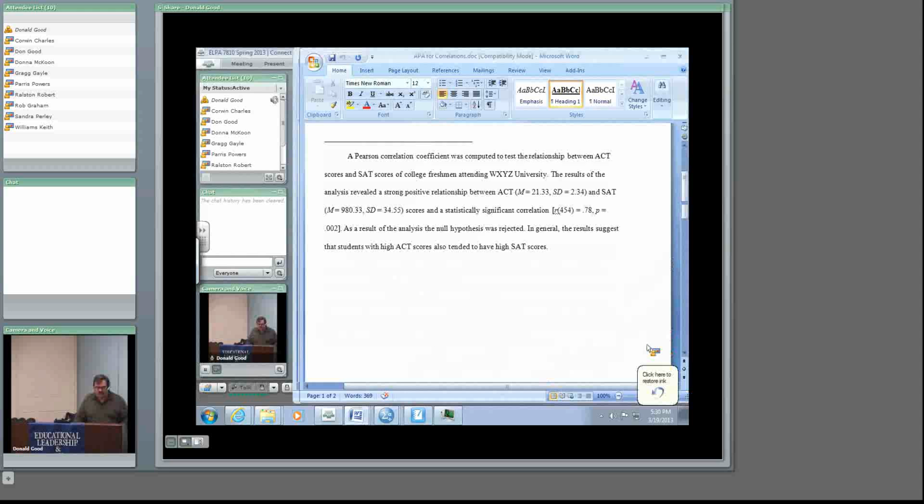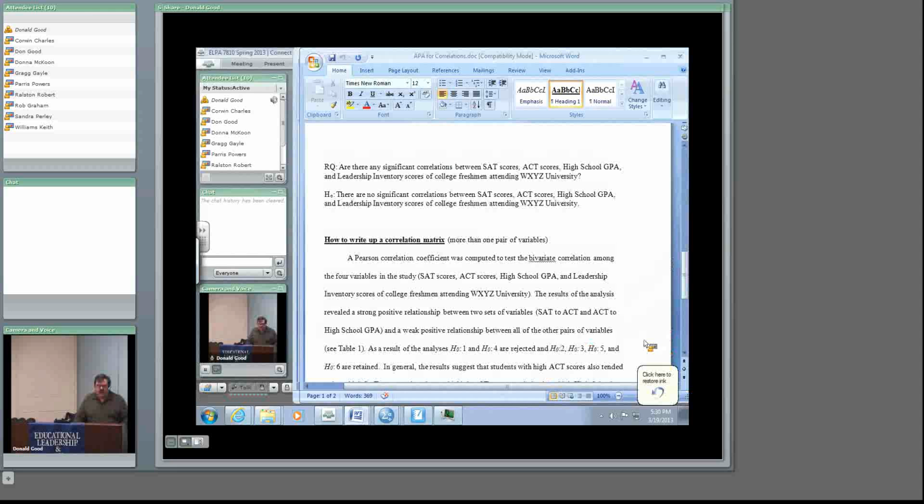In the next page, I've got more than just two variables. Let's look at the questions and null hypotheses there. Are there any significant correlations between not just SAT and ACT, but also high school GPA, leadership inventory scores of the students attending that university? So instead of just two variables, I've got four variables.